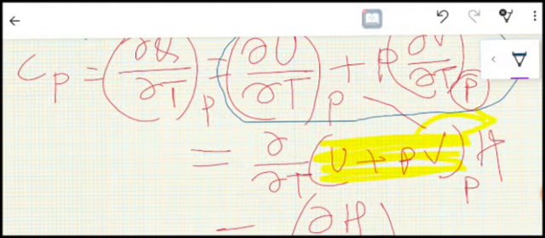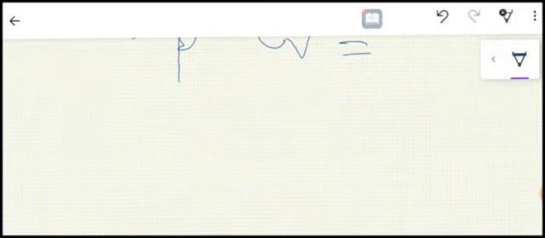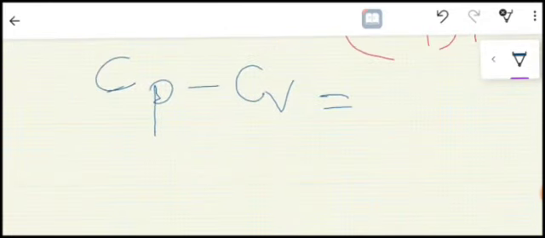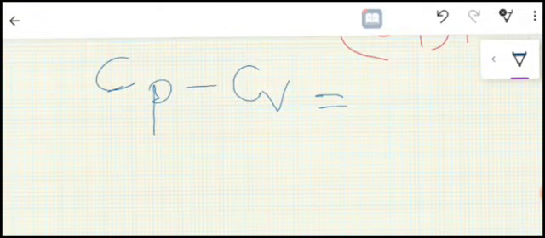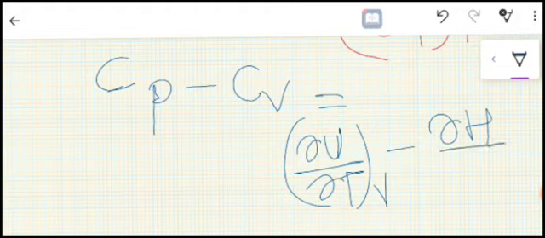So Cp minus Cv will be ∂H/∂T at constant P minus ∂U/∂T at constant V.